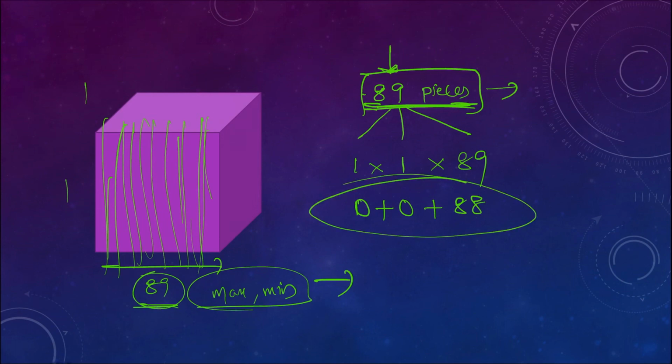Any one of the directions you can take, along x-axis, y-axis or z-axis. So we have used 89 cuts to get the maximum number of pieces or minimum number of pieces, the same thing. That is 89 pieces. So we have used only 89.